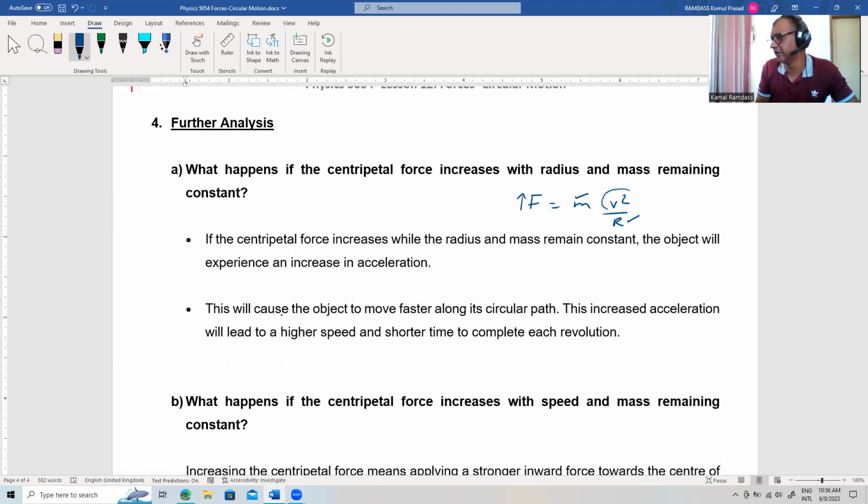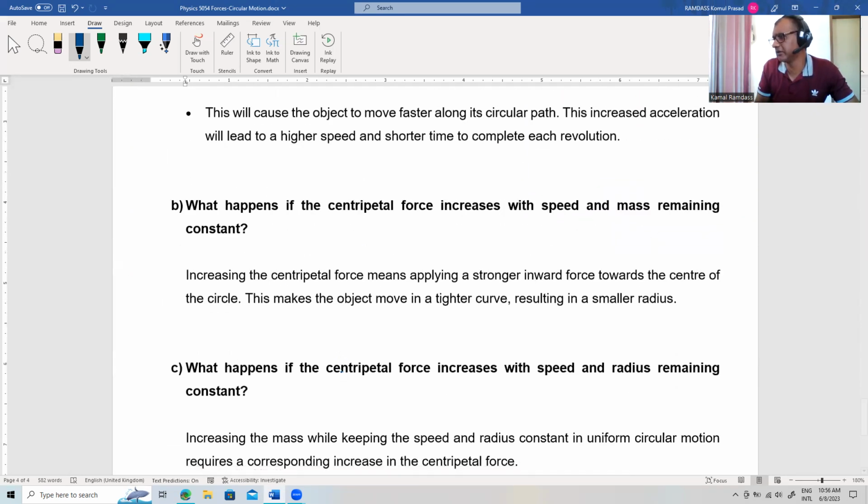Définitivement, v square va augmenter. Si v square augmente, velocity va augmenter. Dans le cas que centripetal force increases with speed and mass remain constant, si ça augmente, ça constant, définitivement, radius va decrease.